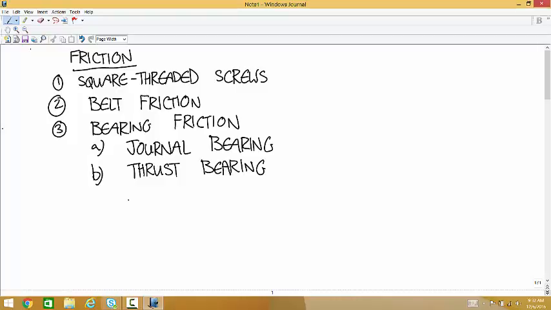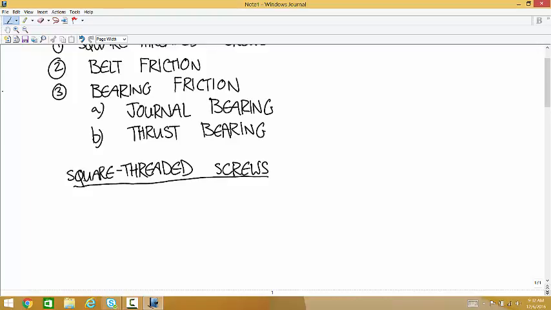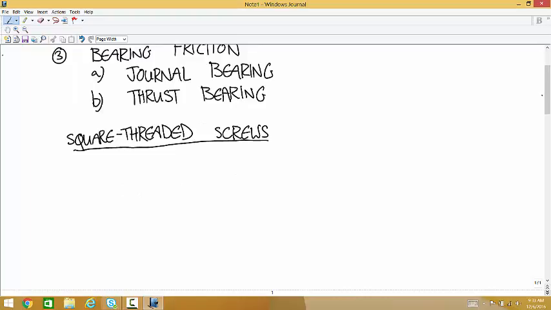Okay, so I'm going to start with square threaded screws. So here is what a square threaded screw is.